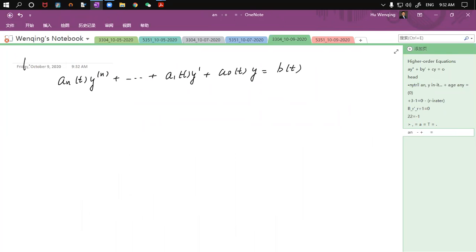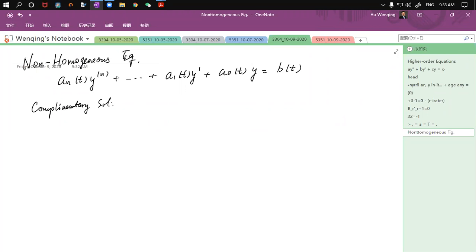So that's going to be a non-homogeneous equation. If you have such a non-homogeneous equation, then what you're going to do is create the complementary solution.